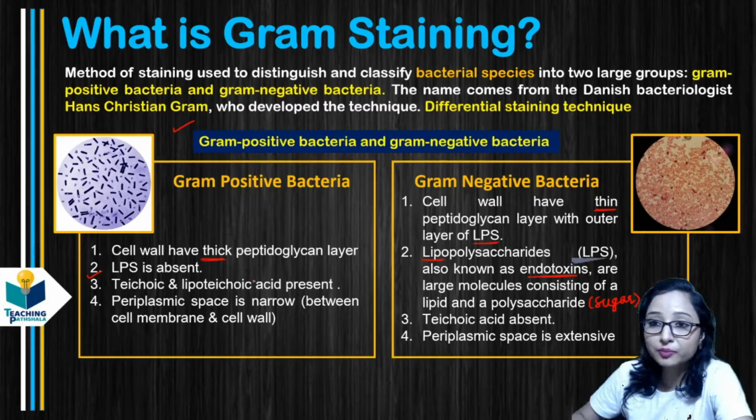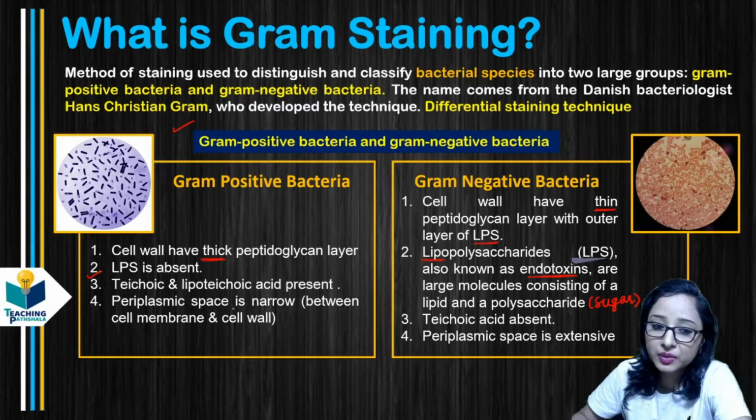There is only a thick peptidoglycan layer present, but the LPS is absent in gram positive bacteria and present in gram negative bacteria. Teichoic acid and lipoteichoic acid are present in the gram positive bacteria and mainly function to maintain the integrity of the cell wall. But in gram negative bacteria, teichoic acid is absent.